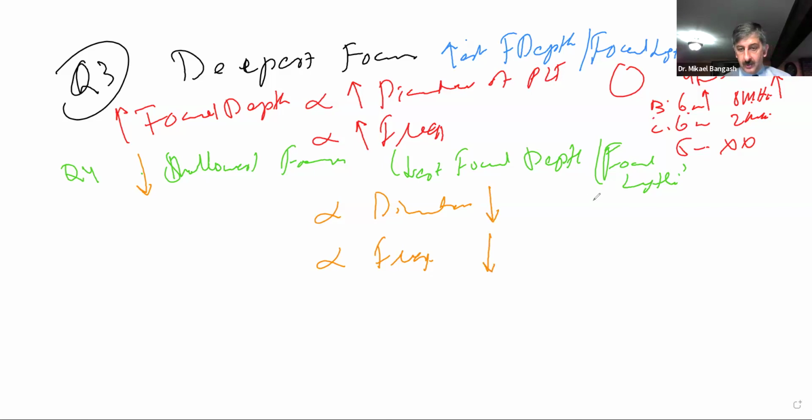So again, what do we have? We have a diameter of 4 millimeters. We have a diameter of 6 millimeters. We have a diameter of 4 millimeters, and we have a diameter of 5 millimeters.